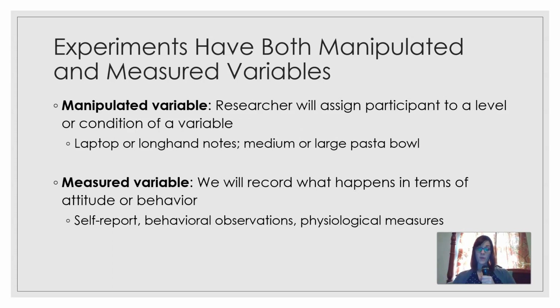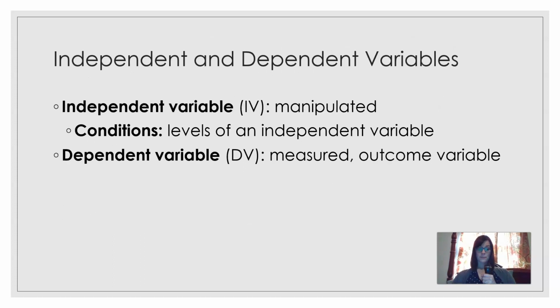So, for example, in the Oppenheimer study, the notes and the answers to those factual and conceptual questions were scored for correctness by a group of readers. So those data were a form of behavioral observation. We can look at physiological measures like if we were doing fMRI or EEG.